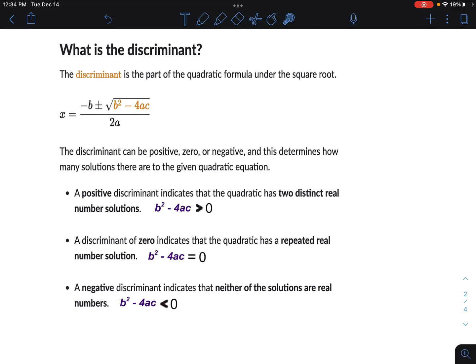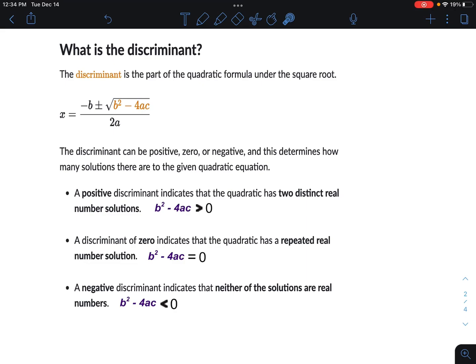Okay, so the discriminant's the number under the square root symbol, the b squared minus 4ac. If it's a positive number, if it's greater than 0, it has 2 real solutions. If it's 0, if b squared minus 4ac equals 0, then it has 1 real solution, a repeated real, so 1 real.